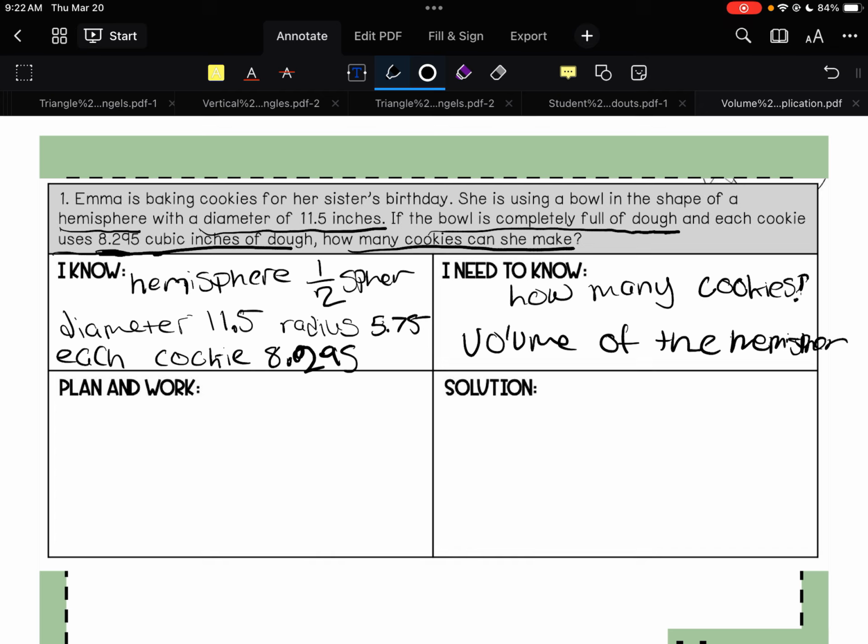So we first need to find our volume. Our plan is first to find our volume, which is V equals 4/3 pi r cubed. So I'm going to come over here. V equals 4/3 pi 5.75 cubed.